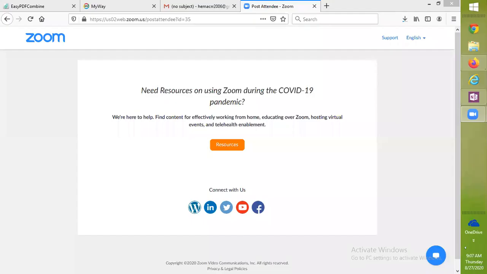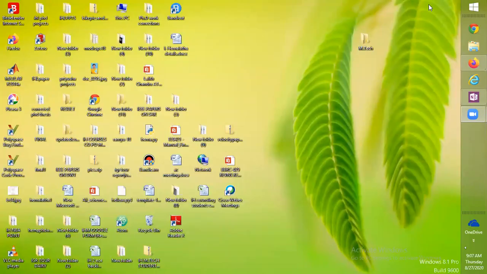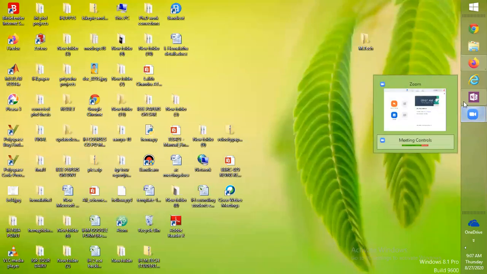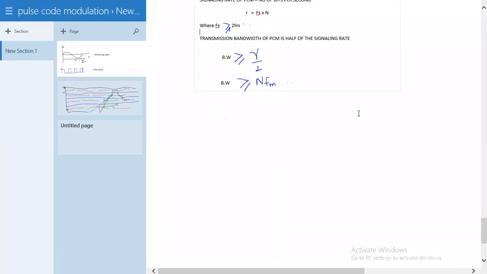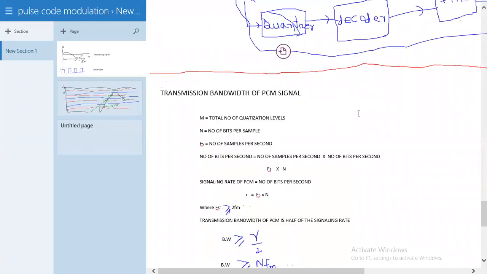So I am sharing my screen to you. So please note down this one: transmission bandwidth of PCM signal.